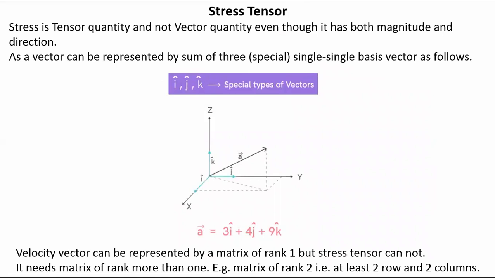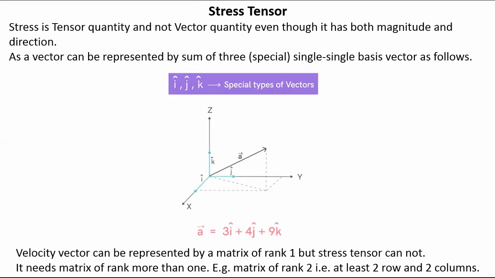Now moving forward, the stress tensor. What is stress tensor? If we would like to compare it with vector, then let us say velocity vector can be represented by a matrix of rank 1.